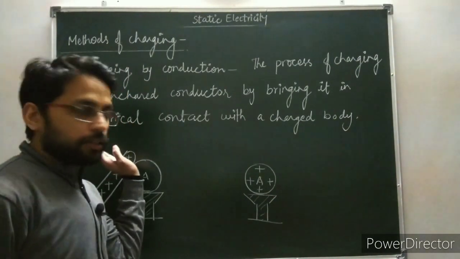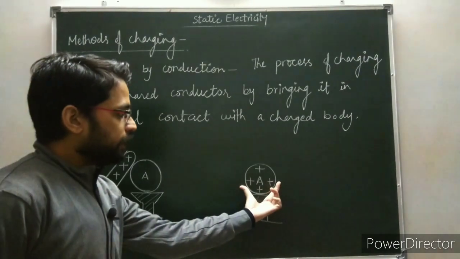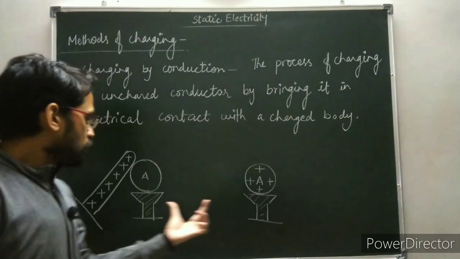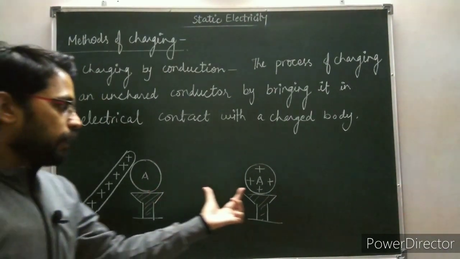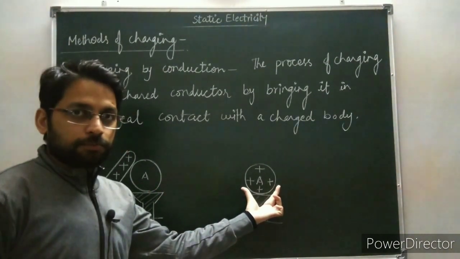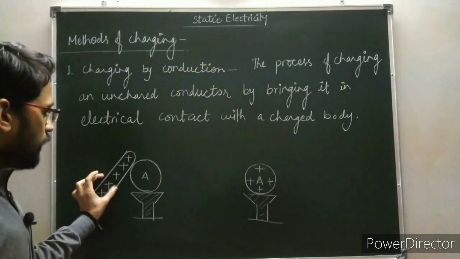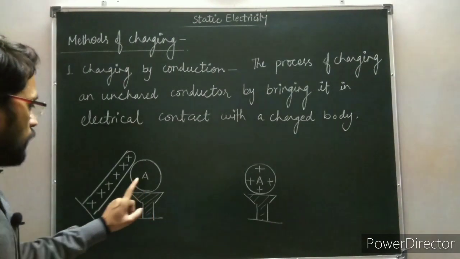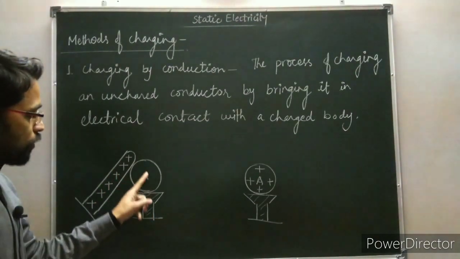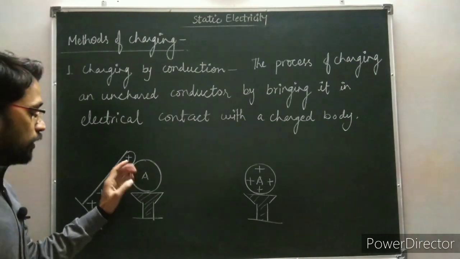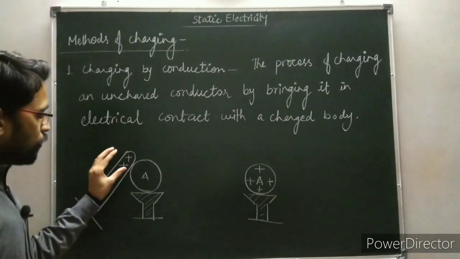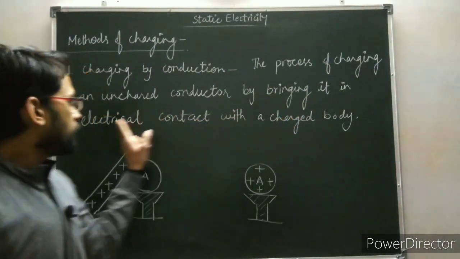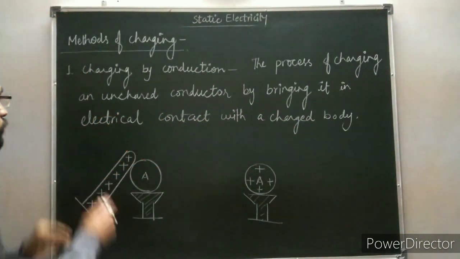Now remove the rod, and you will get a positively charged body. So the uncharged body acquires the positive charge when the charged body is in contact with it, due to the transfer of charge from one body to another when both are in electrical contact.